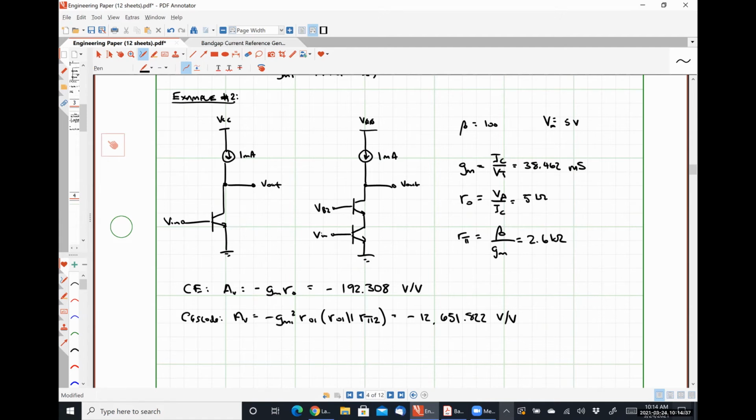But in practice, we can never actually load these guys with an ideal current source because they don't exist. So what do you guys think we should do to represent a real current source? Any thoughts? Not remotely a trick question, just throwing that out there.